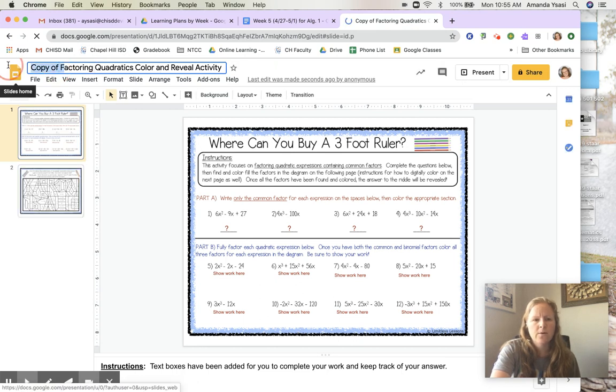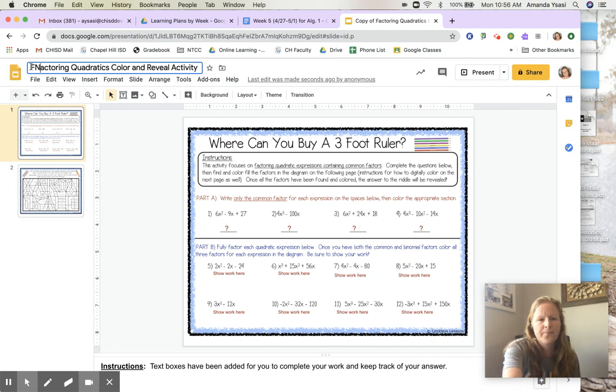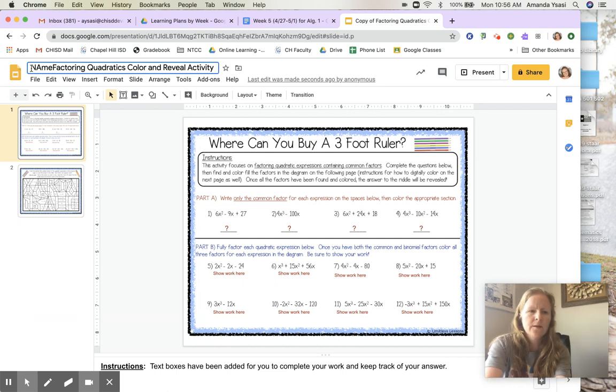So just change, instead of copy of, you're going to change this to your first and last name. So delete that and put your name. Okay. And then you're going to read the problem. Make sure you read the directions carefully, and you'll complete this entire worksheet, and then you'll turn it in to me.